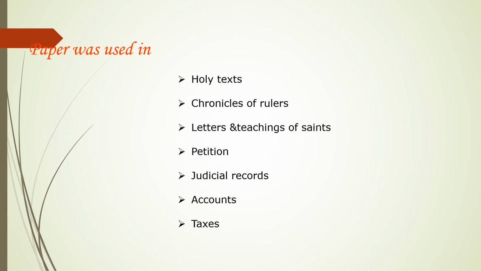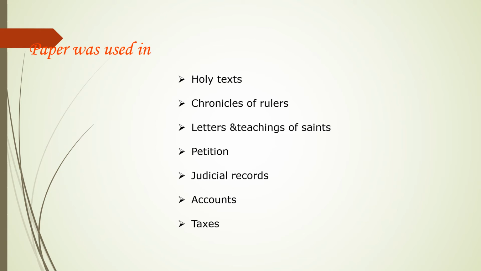Through this period, paper gradually became cheaper and more widely available. So during this period, paper was introduced, its cost was cheap and it was available everywhere. People used to write holy texts, chronicles of rulers, letters and teachings of saints, petitions, judicial records, accounts and taxes.